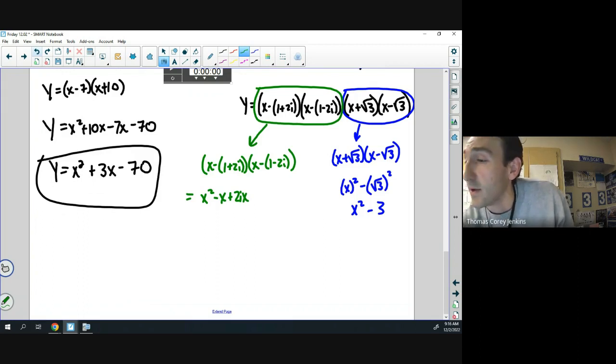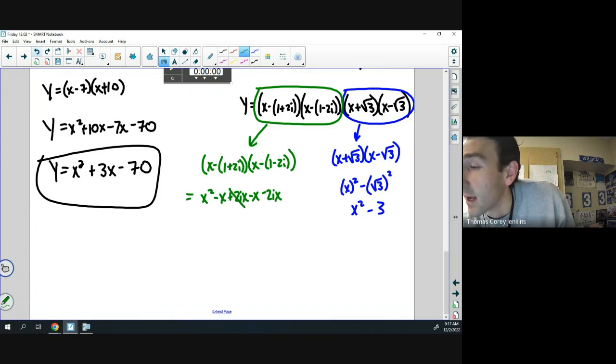And now I'm going to distribute my -1 minus 2i term, okay? So that would be -1 times x is just -x. Then I would take negative 2i times x, and that would be negative 2ix.